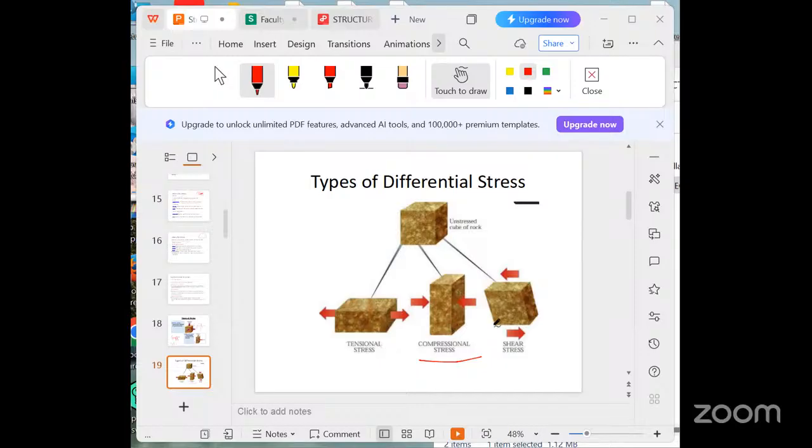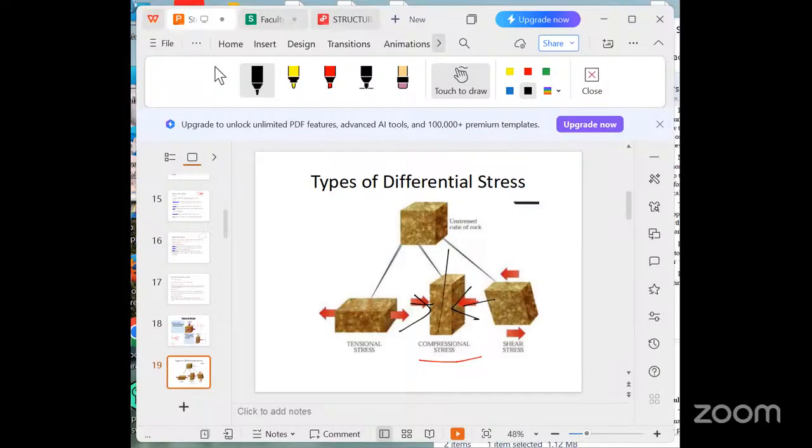The normal component is a compressive stress if it tends to push together the material on opposite sides of this plane.